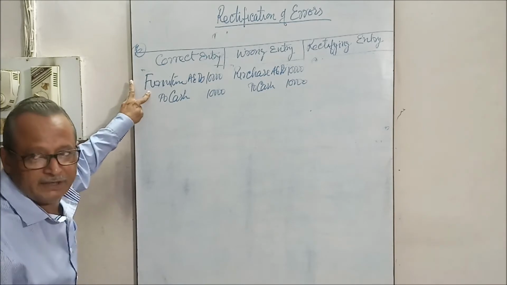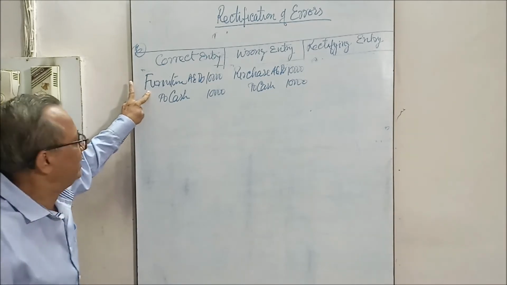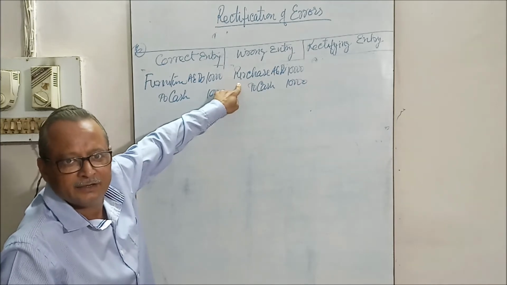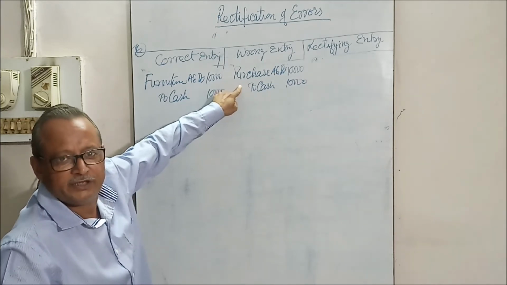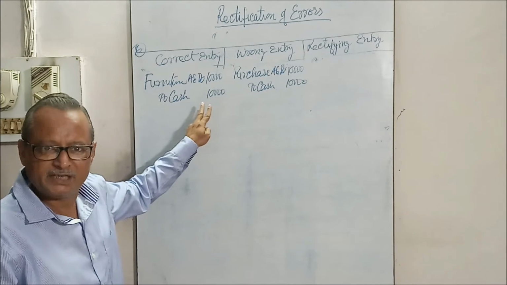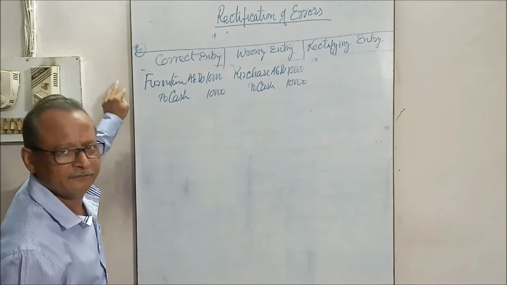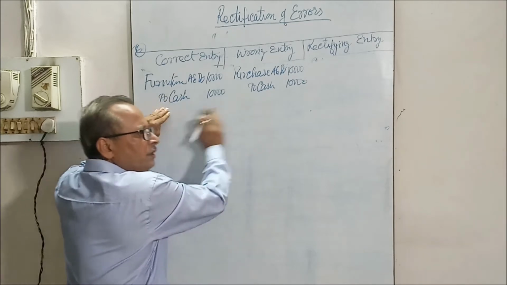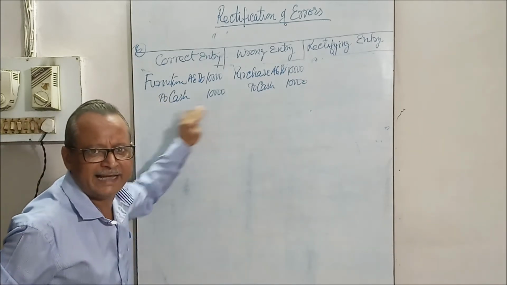Furniture purchase is capital expenditure, meaning an asset, while the purchase of goods is revenue expenditure. So this is an error of principle. To correct it, furniture should be debited. Cash is correct. There is no rectification in cash.